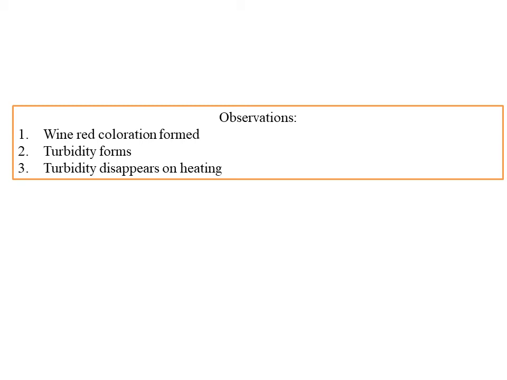Hence with the increased solubility of phenol within glycerol, the turbidity disappears, and thereby we got a clear solution. We are always aware of the effect of heat on solubility, though temperature does not always increase the solubility of a particular compound under all conditions.